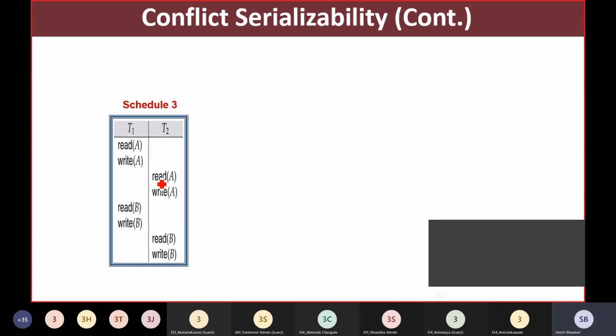Okay, so see here, we have this schedule number 3. We have statements like read A, write A from T1.